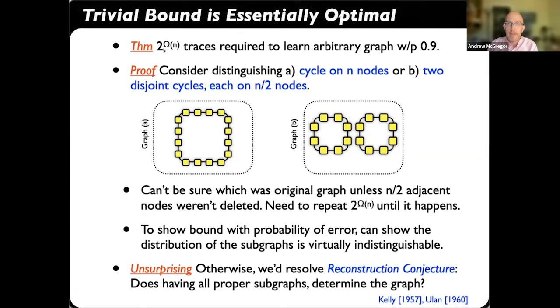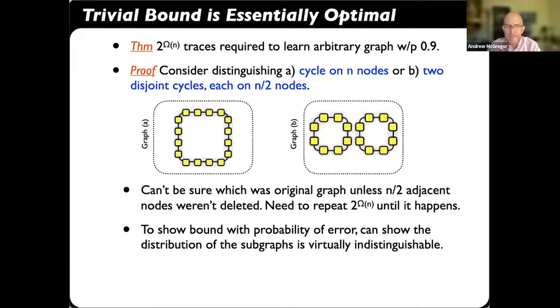And so if we proved an upper bound less than exponential n, you could argue that you were reconstructing the graph from a bunch of subgraphs while never having the original graph. So you have even less than all the proper subgraphs, and you'd be reconstructing the graph. Okay. So that's the bad news.